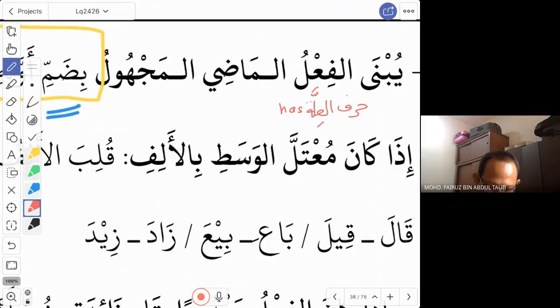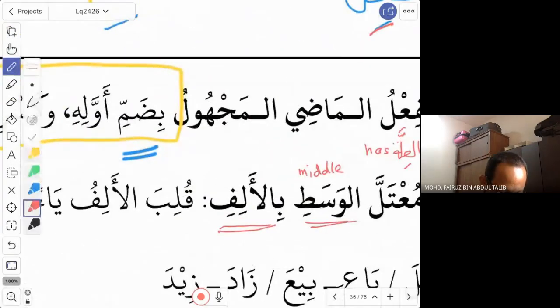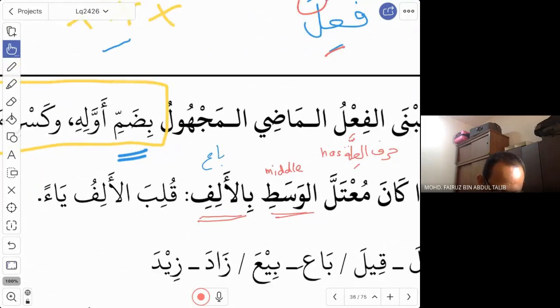And the harful illa is wasat, meaning in the middle. And what is the harful illa? The harful illa is alif. For example, in our example just now, the fi'il ba'a. If you look at the fi'il ba'a, ba, alif, ain, it is a fi'il mu'tal.